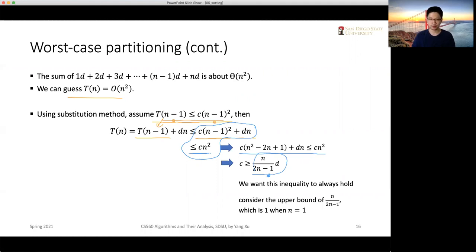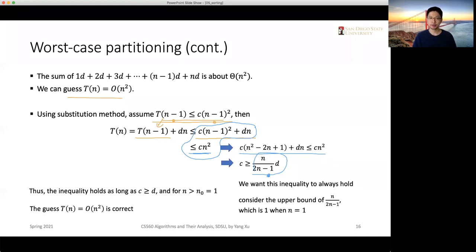Which means C should be greater than D. So that means our guess is correct if we make sure that C is greater than D, okay? And then the n0 that we get is 1. Okay, so this is a typical process for using the substitution method to solve the recurrence.